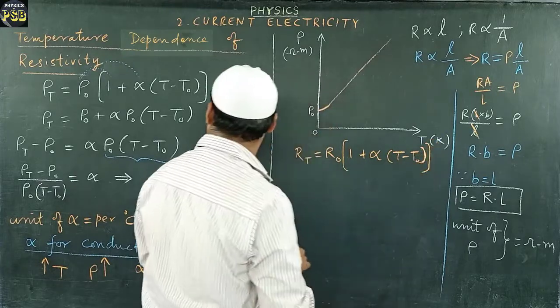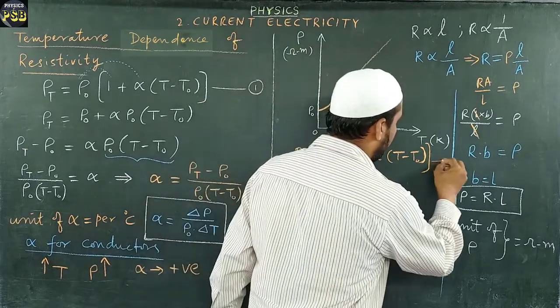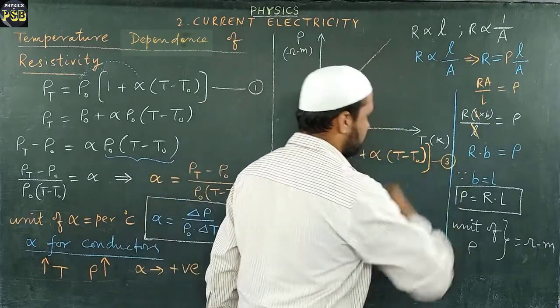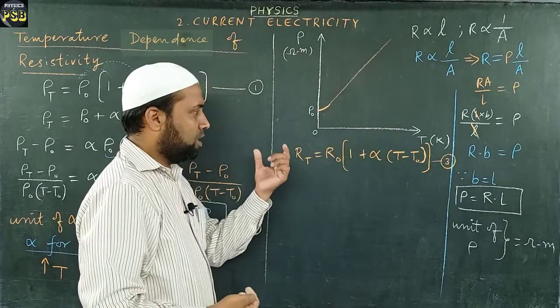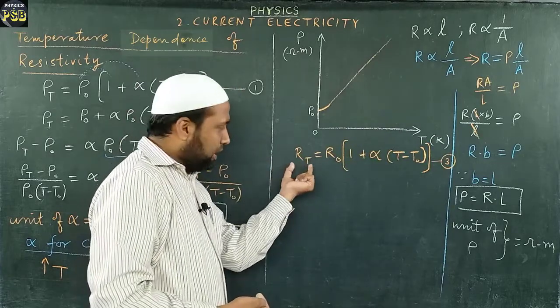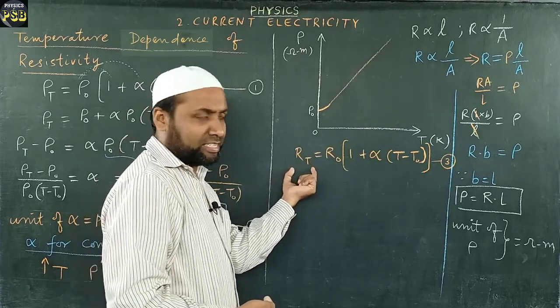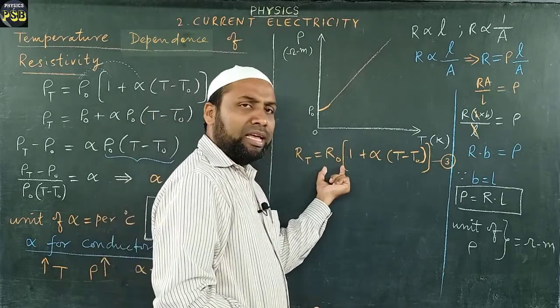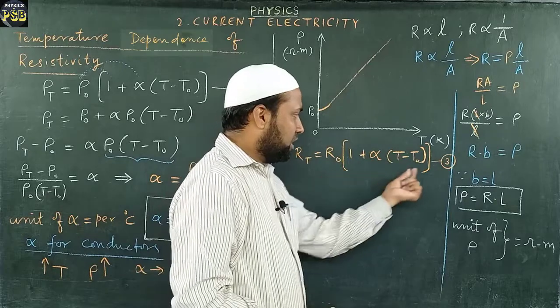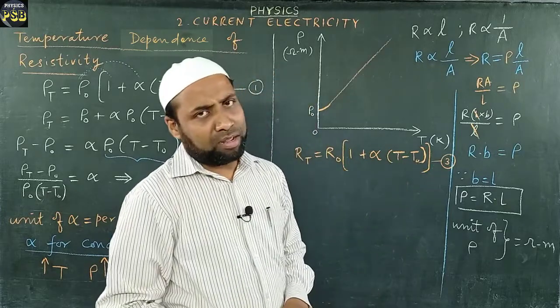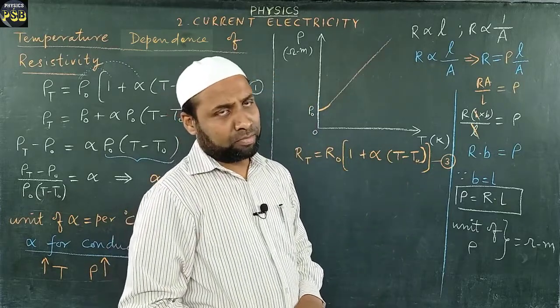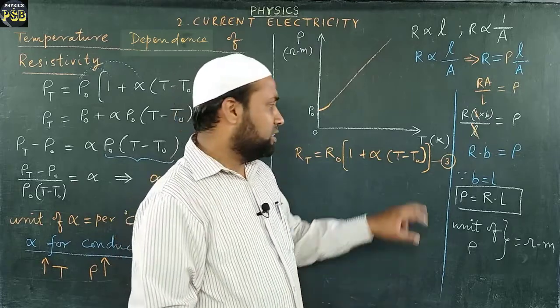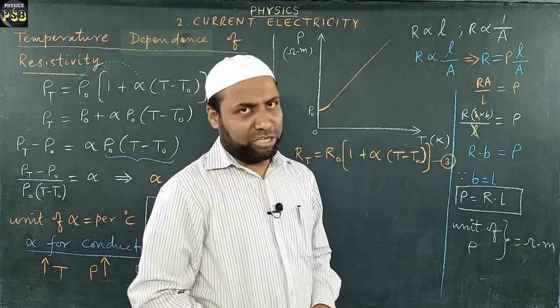I take this one as equation number 3. Here RT stands for resistance at temperature T and R naught is the resistance at temperature T naught, which is nothing but a reference temperature, as I told you earlier, and it is usually taken as 20 degrees Celsius.